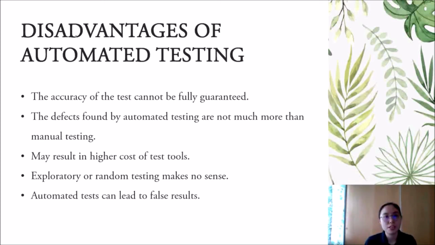Next, for the disadvantages, one of the disadvantages of automated testing is that the accuracy of the test cannot be fully guaranteed. Automated testing is composed of scripts, and its code is still code. So automated testing is a test program, and the program may have defects, so it is not guaranteed that the script developed by the test engineer will be free of defects.